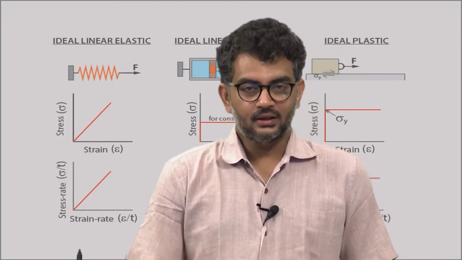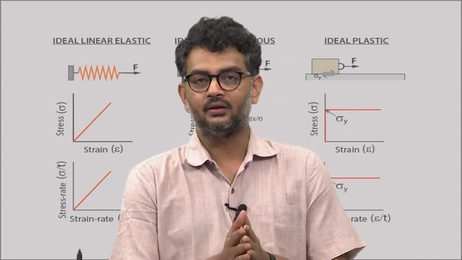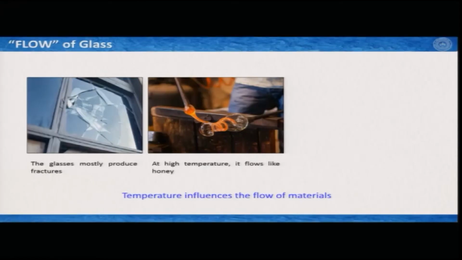But in glassware, when you heat the glass to a high temperature, it flows like honey. As you can see, this is a jar or whatever, and he is shaping it by rolling it with another glass pulp.